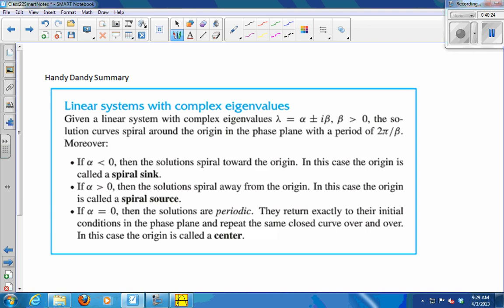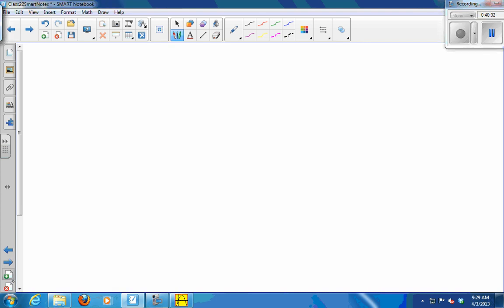No. Why not? So the question is, could you have lambda 1 be like -2 plus 3i, and lambda 2 be -2 plus 5i, something like that?